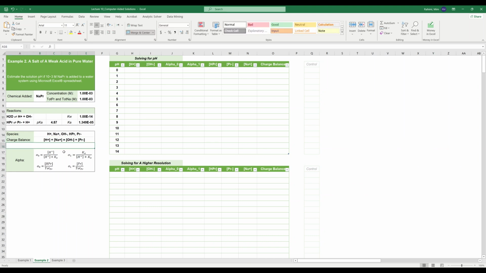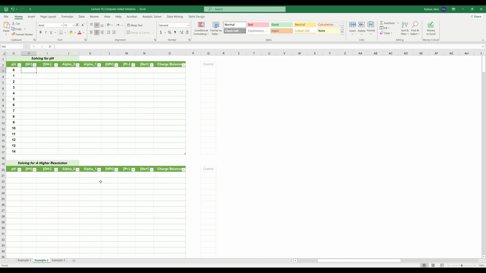The alpha values would be the same because alphas represent the acid-base reaction, and the addition of sodium to this solution matrix doesn't impact the alpha terms. It impacted the species, and most importantly, it impacted the charge balance equation. So we're going to do the same as the previous case.